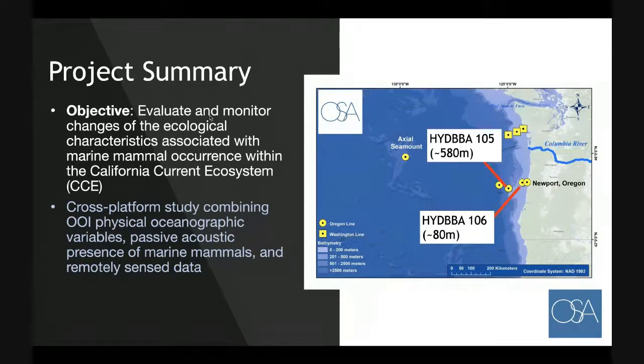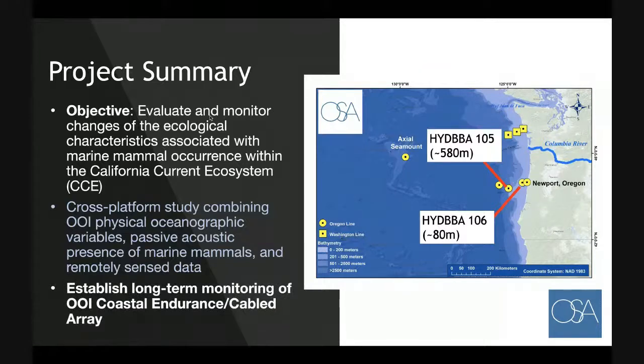Basically, she's doing a cross-platform study combining physical oceanographic variables, passive acoustic measurements of marine mammals, and other remotely sensed data in order to establish long-term monitoring of the OOI Coastal Endurance Array.